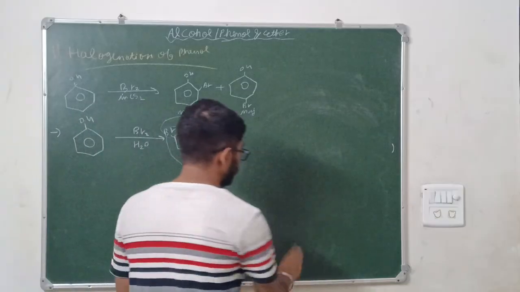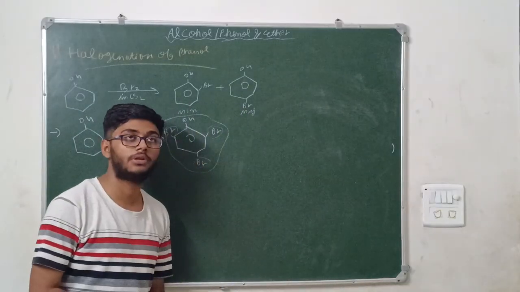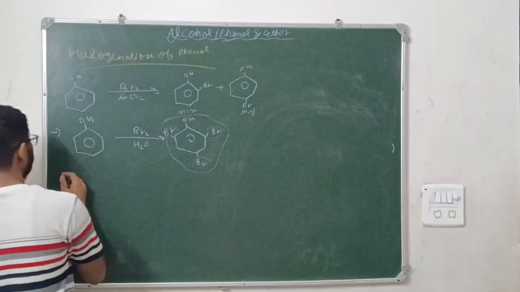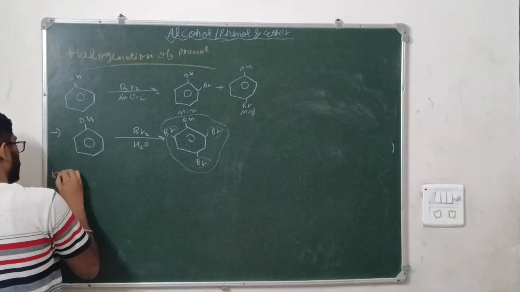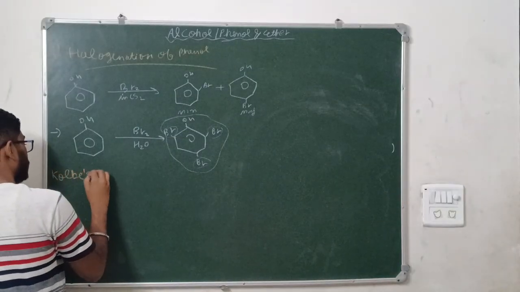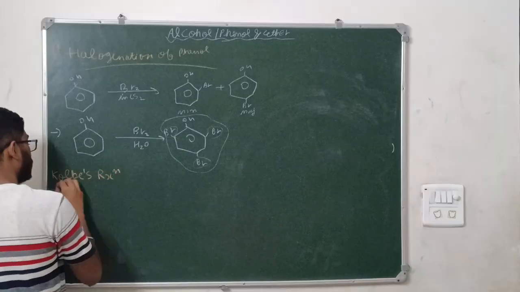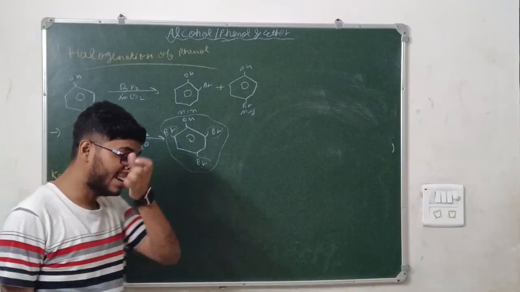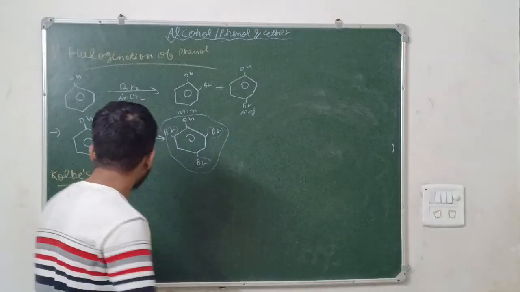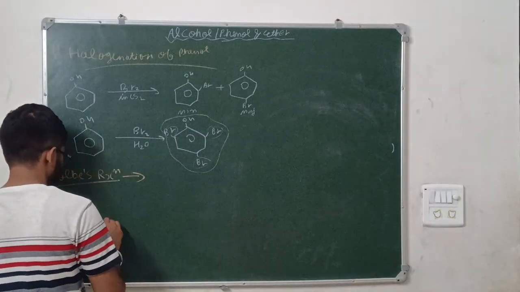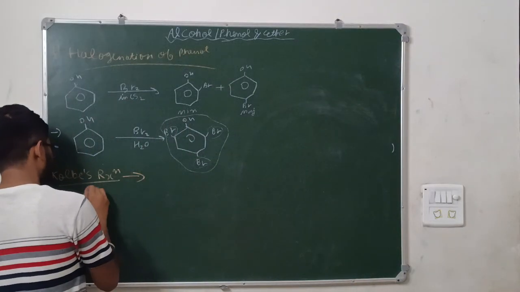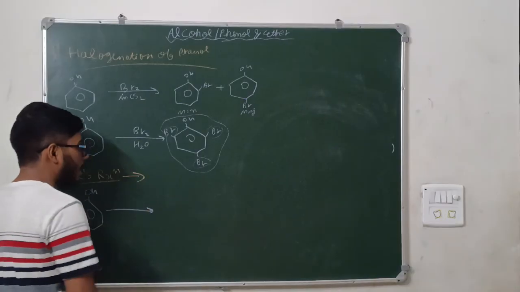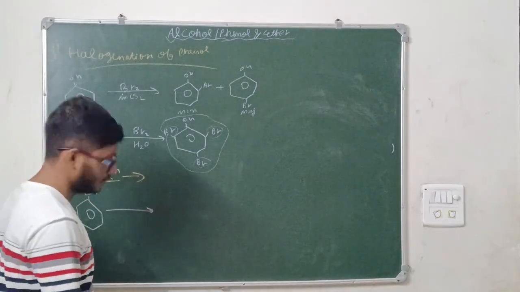Now coming to the two most important reactions of this chapter, which are frequently asked. First one is the Kolbe reaction, and second one is the Reimer-Tiemann reaction. Whenever you take phenol in the Kolbe reaction, we add NaOH to it. Adding NaOH gives phenoxide ion.